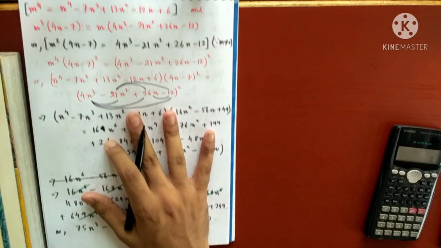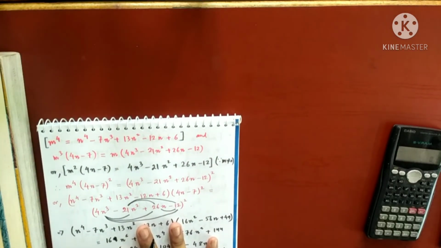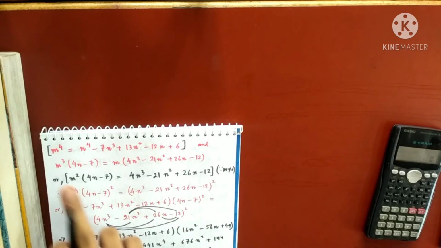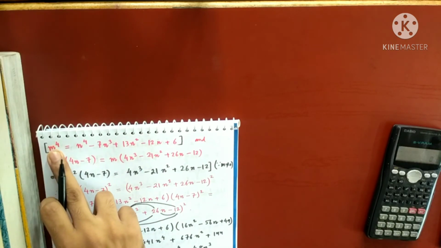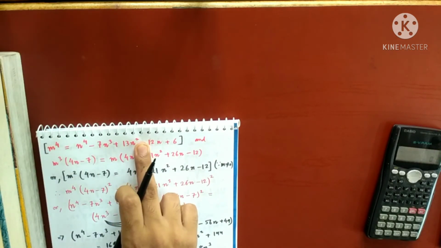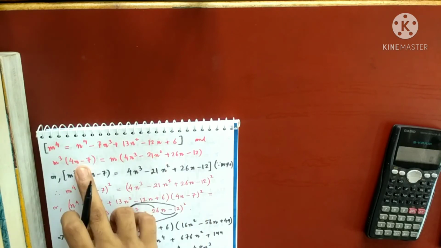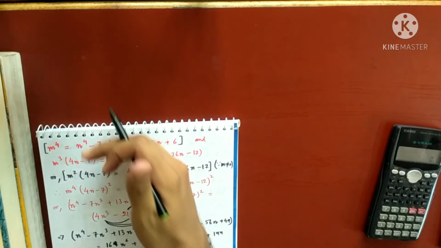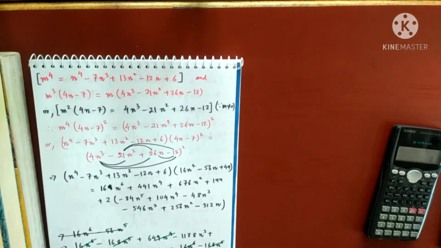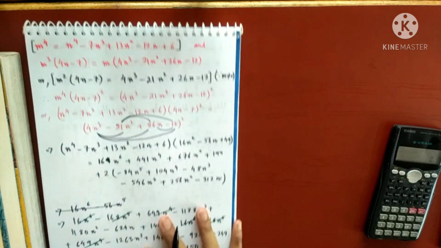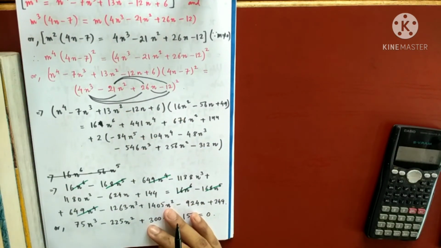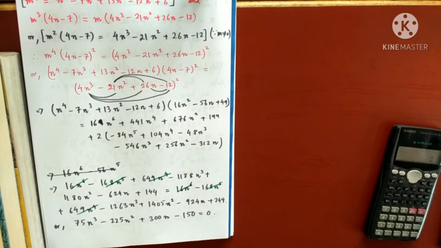See, the idea was very simple, but it is just calculative, because that was the reciprocal equation. The first coefficient must be same as the last one, and the second last one must be same as the second one. Using these two equations to get an equation in n, and I am just simplifying this to a polynomial in n. You see, every term is getting divided by 25.